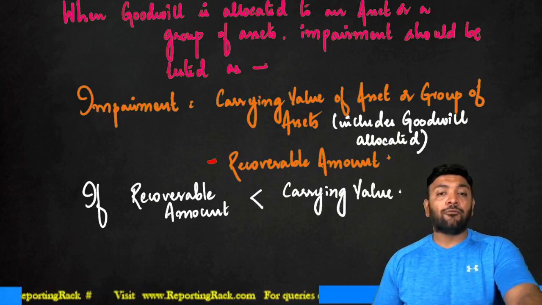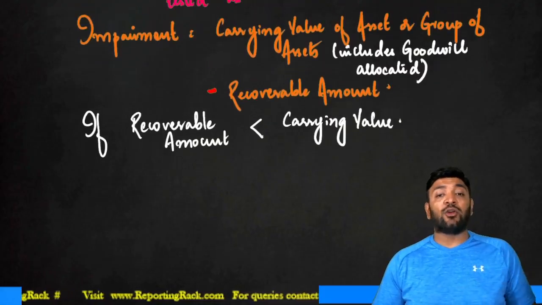in the previous formula which you have written, impairment is equal to carrying value minus recoverable amount.